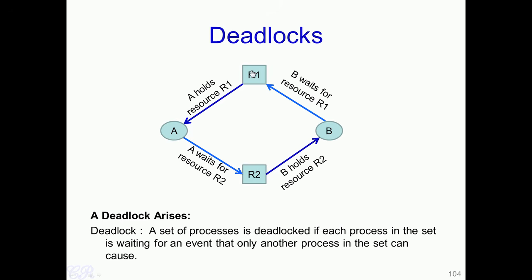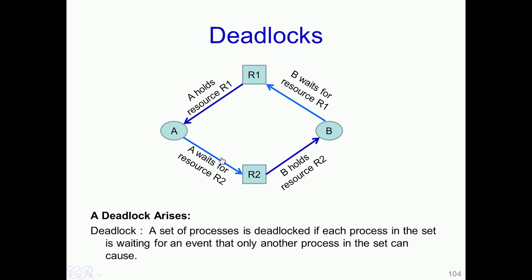So, what we see here is a scenario called a deadlock. Essentially, a deadlock is a state in the system where each process in the set is waiting for an event that another process in that set can cause.